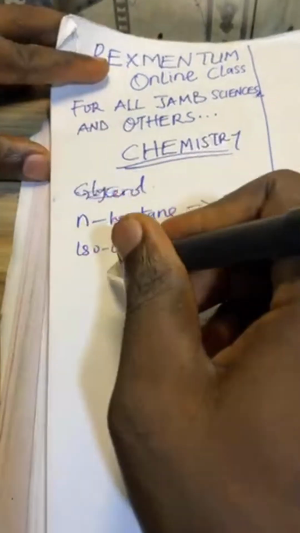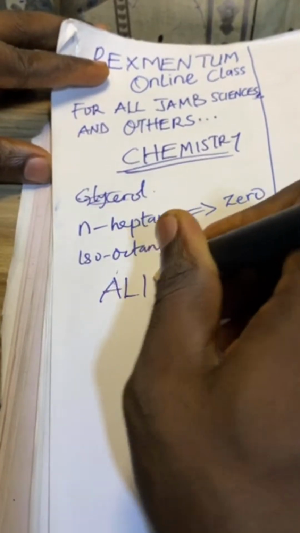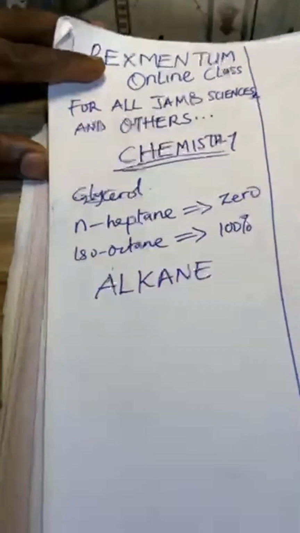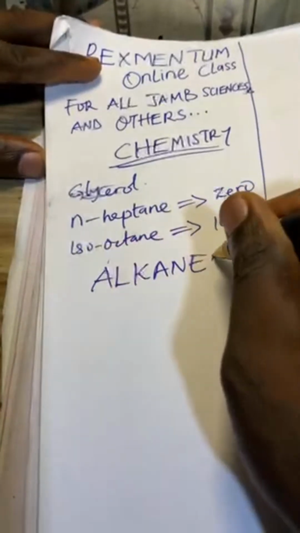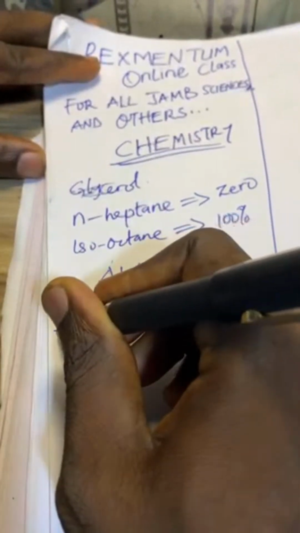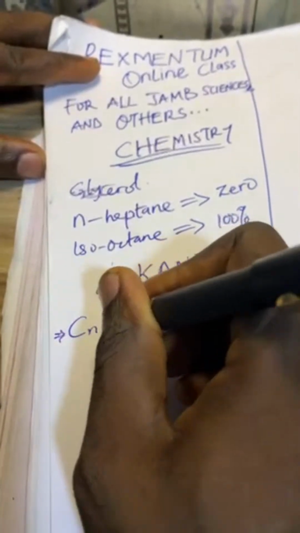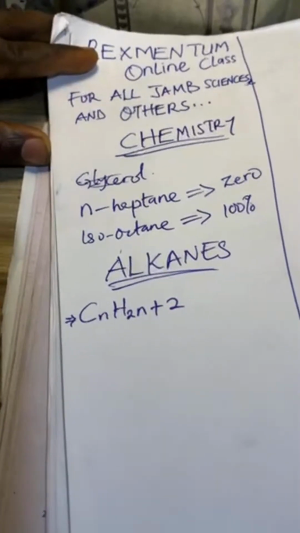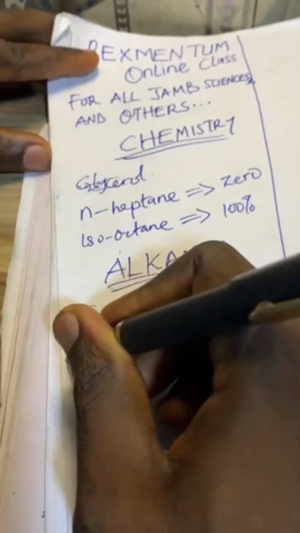Alkane. Normally, I told you number one, if you talk about alkane, there are few basic matters that when you know them about alkanes, my dear, you have obtained something. Number one, don't forget the general molecular formula, which is what? CnH2n+2. Don't forget that.